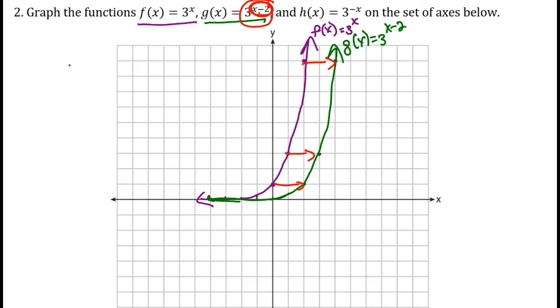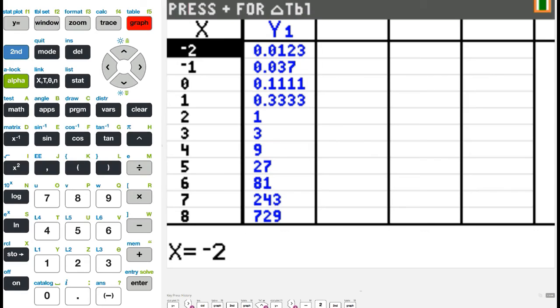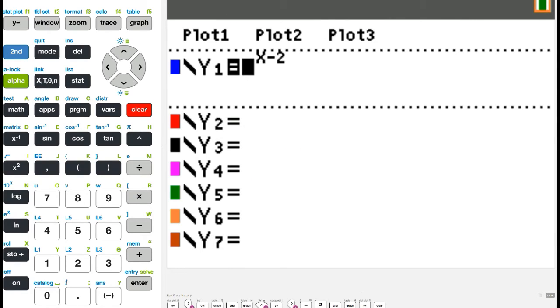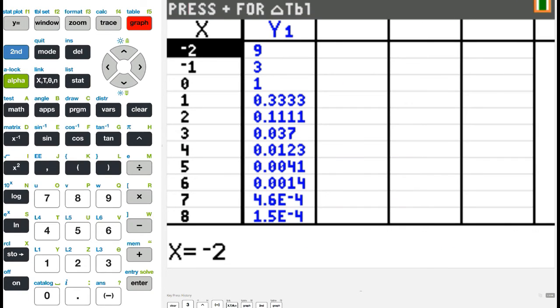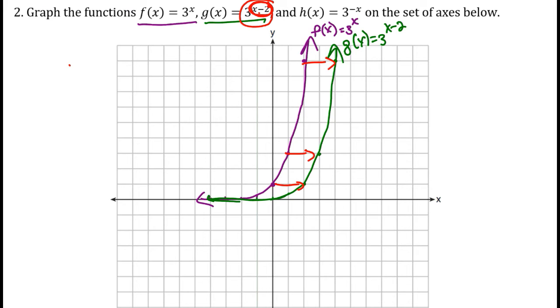And finally, h of x equals 3 to the negative x. Try that again, 3 to the negative x. Look at a graph of it. Go look at a table. Negative 2, 9. We'll do this in blue.